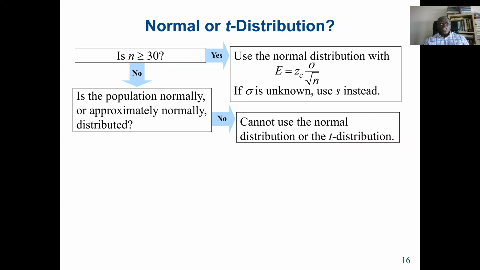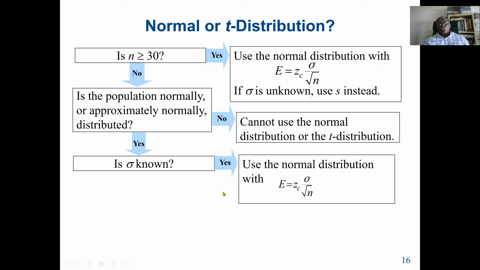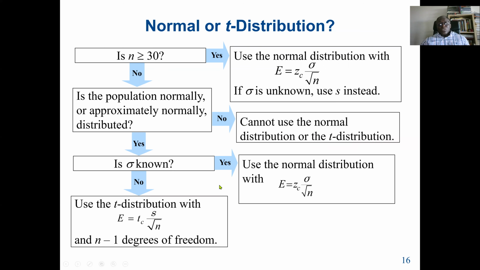If no, then we cannot use the normal distribution. If yes, then is the standard deviation of the population known? If yes, then we use the normal distribution. If no, then we use the t distribution.